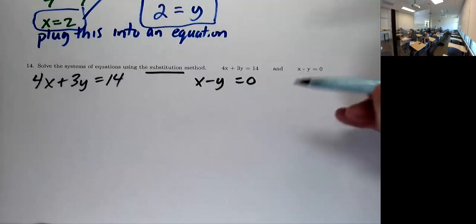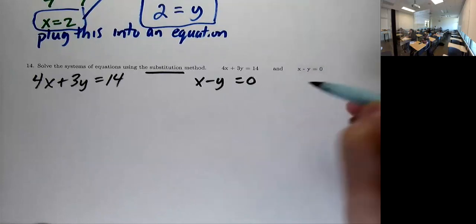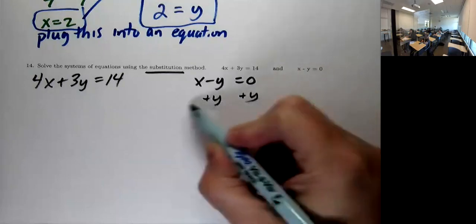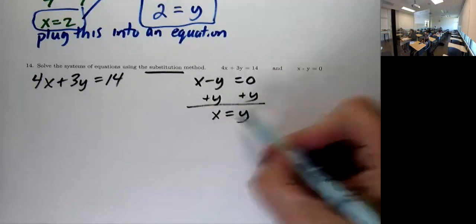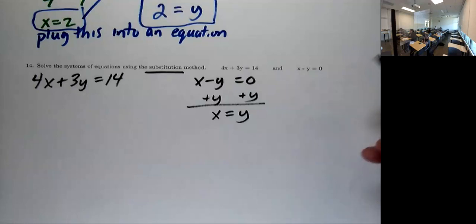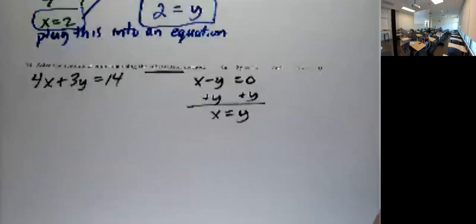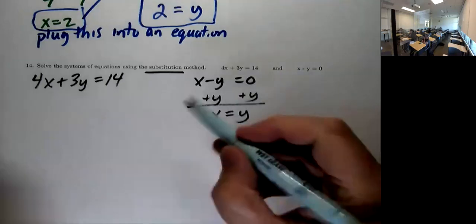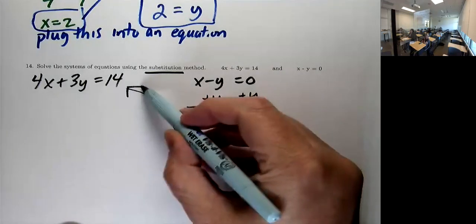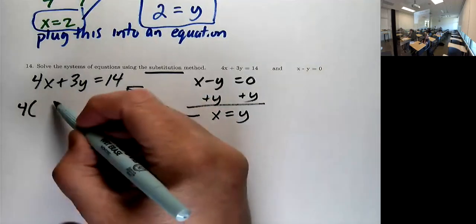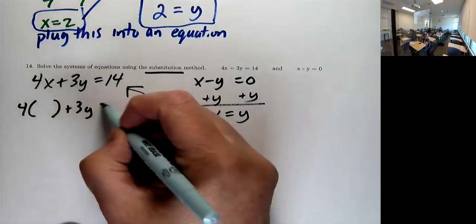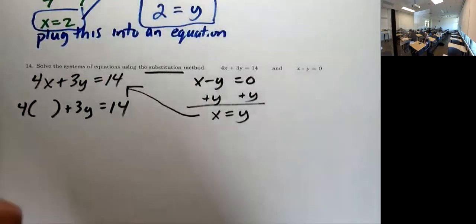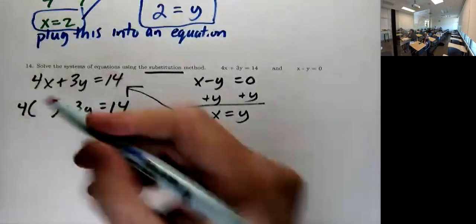Substitution method is solve one of these equations for one variable. I will do that here. I will add y to both sides, and I got x equals y. I'm going to take that and make that substitution over here. I'm going to replace x with the y value I have, or the right side, and it just so happens to be y.